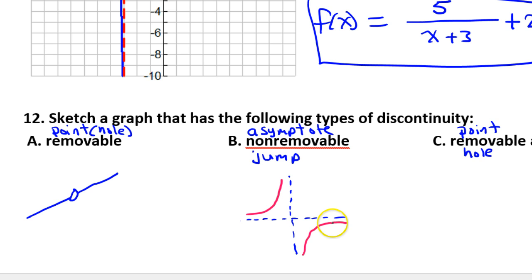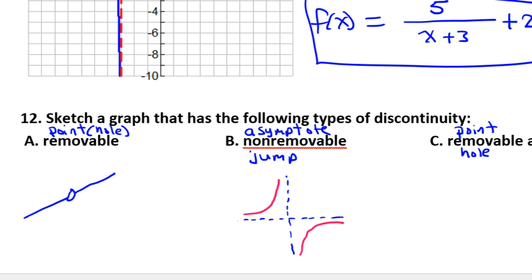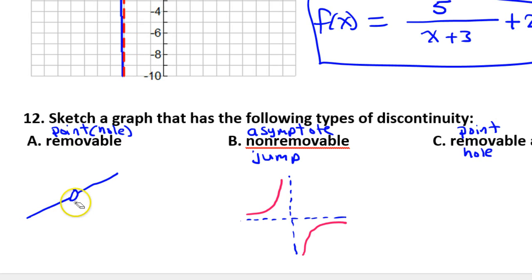So this would be a good example of a non-removable discontinuity. You know, I also could have done a graph that was like this. Okay, that had a gap in it. All right, that's another way to do it. So I'm just going to leave that for now. So removable discontinuity, something with a hole in it. Non-removable, either draw an asymptote or draw something with a gap in it.